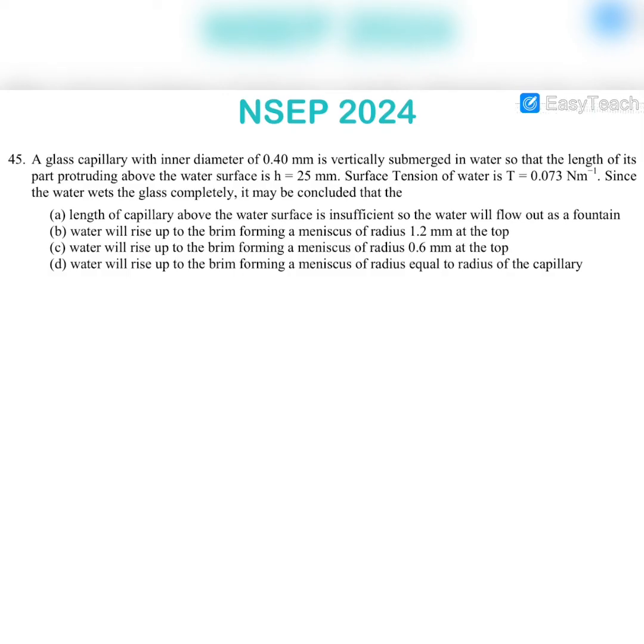So first of all, it is given that the diameter of the tube is 0.4 mm. So the radius of the tube will be 0.2 mm, and this is vertically submerged into the water. Now we know that h is equal to 2T cos theta by R rho g, and here this capital R is the radius of the tube, and cos theta is 1 because theta is 0 degrees. So h is 2T.